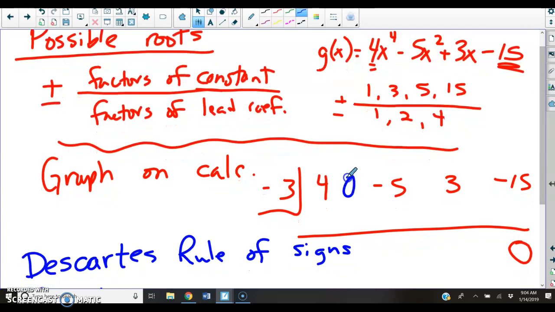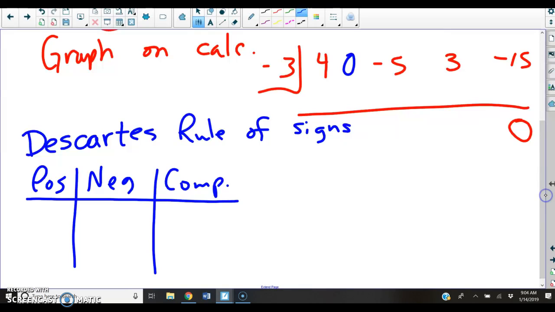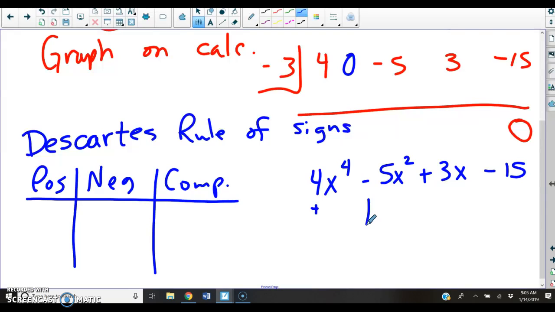Hey, I forgot the 0. You guys didn't catch that. Okay, 4x to the 4th minus 5x squared plus 3x minus 15. Okay, let's see if I can remember. There we go. Okay, so now I'm looking at this starts as positive and it changes to negative, so that's 1.